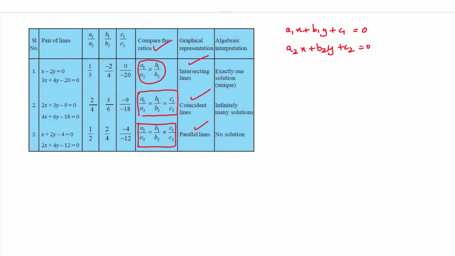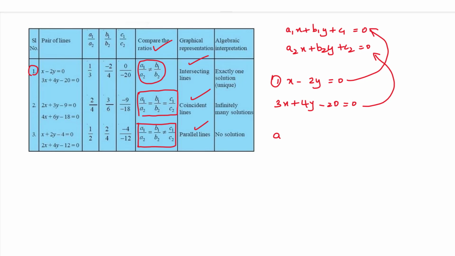So in our exercise, they will ask us to compare the ratios. For example, take this first equation. Here the first equation is given as x minus 2y equated to 0 and 3x plus 4y minus 20 equated to 0. Comparing these two equations, first equation by this and second equation by this, we get a1 is equal to 1, b1 is minus 2, c1 is 0, a2 is 3, b2 is 4 and c2 is minus 20.